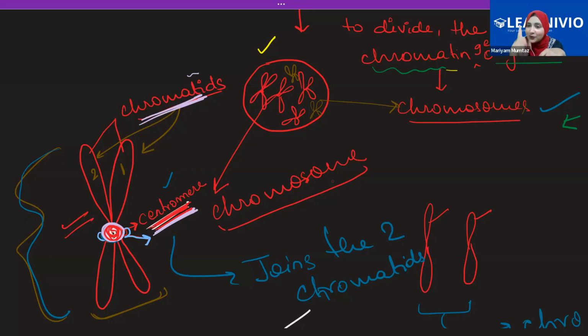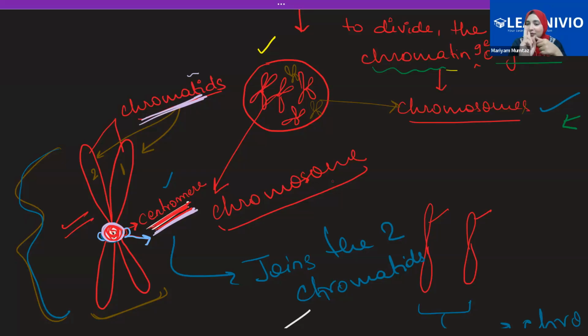My question is, if you add one chromatid to another chromatid, what will it make? See, one chromatid plus one chromatid is equal to one chromosome, isn't it? So simple, it's not complicated.